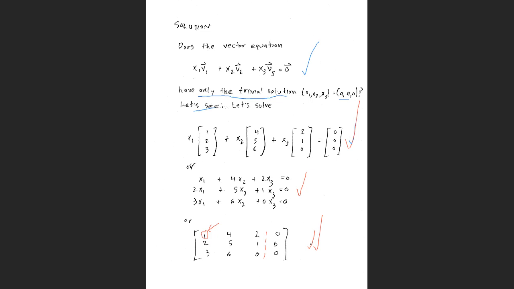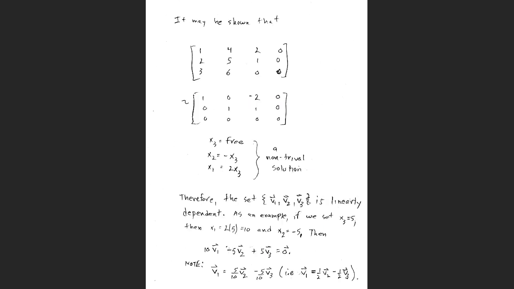We're going to use that pivot to produce zeros in those two spots where the 2 and the 3 are. In the interest of time, you can do the row operations, and this is going to be the reduced row echelon form of your augmented matrix.